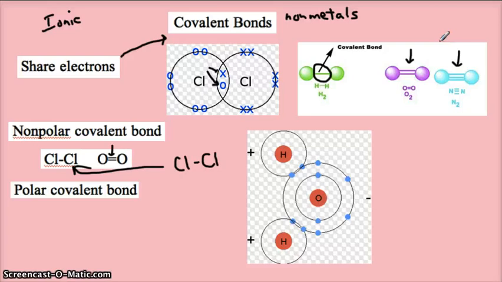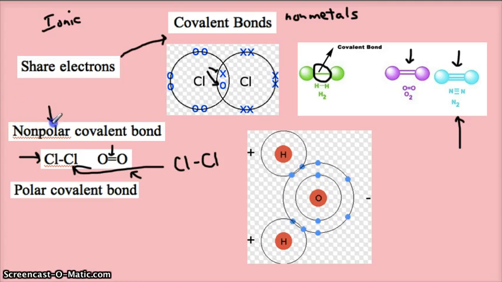Okay, when electrons are shared equally, in other words, when you have the same elements, Cl, Cl, O, O, N, N, any covalent bond where you have the same element sharing the electrons, it's going to be nonpolar.